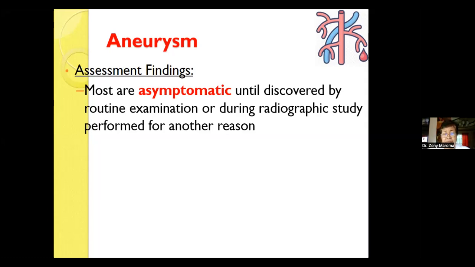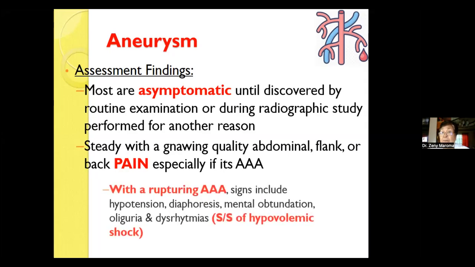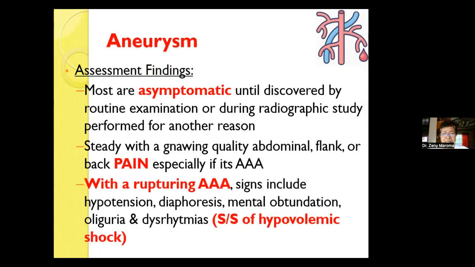Okay? So, most are asymptomatic until they are discovered by routine exam or during radiographic study performed for another reason. Diba, incidental findings lang. Pero there's steady pain with gnawing quality, abdominal, flank, or back pain, especially AAA. Pero with rupturing AAA, bagsak na yung blood pressure.